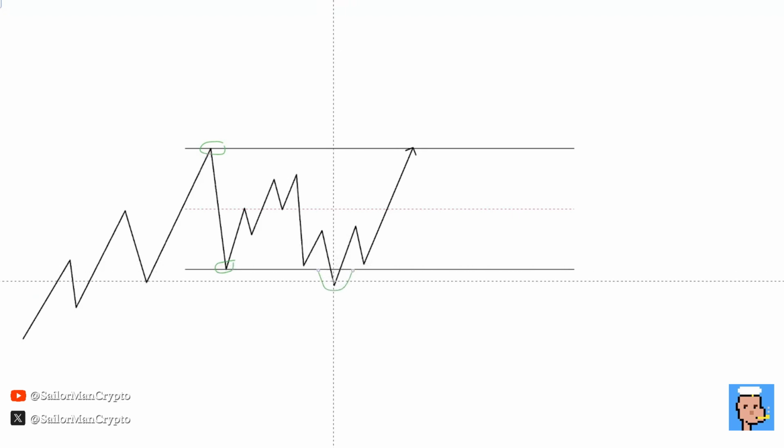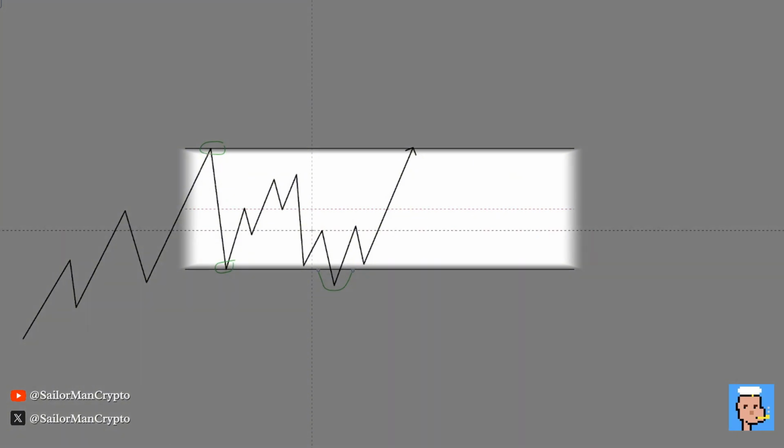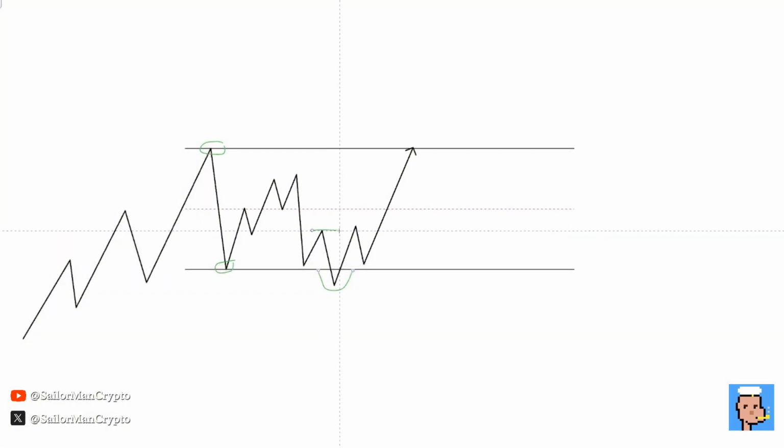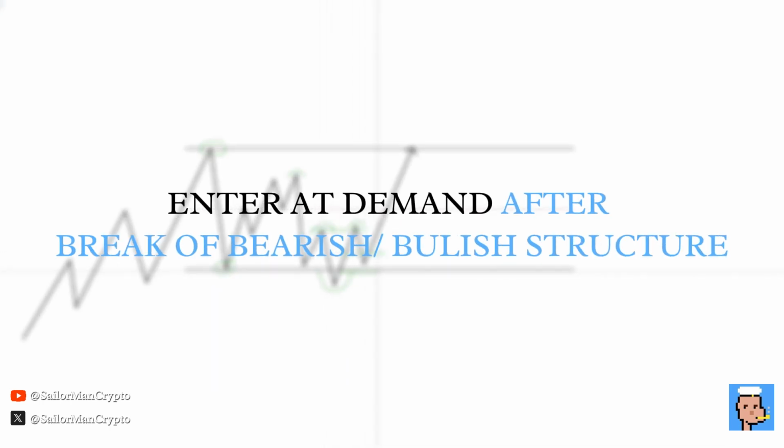After the deviation, price finds acceptance back inside the range. We do get a market structure break. So in this case, a bullish market structure break when this series of lower highs is broken here, and we try to enter in a potential demand zone, looking for a trade to the other side.